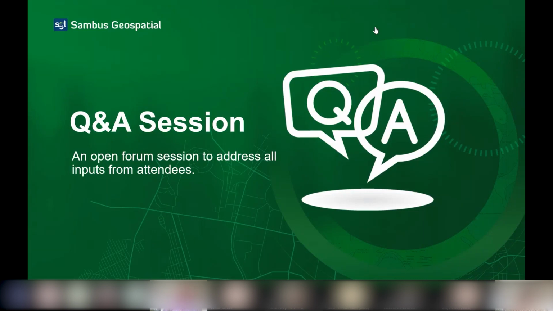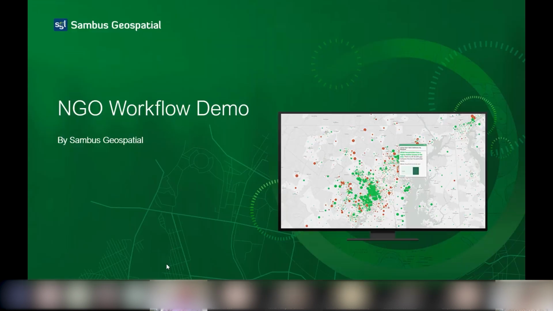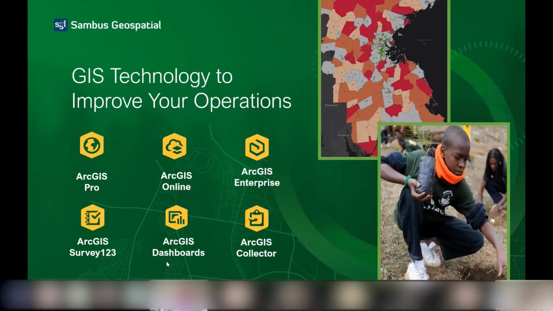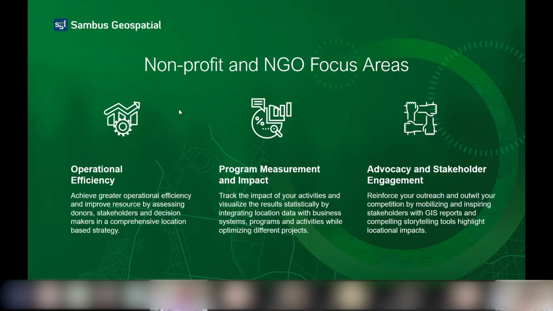Luis says, I didn't really understand the benefits of the MPO package. Okay, so let me take you back to my third slide. Maybe that didn't really go down well. So these are the focus areas we identified for NGOs.